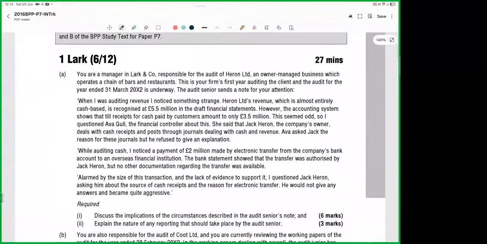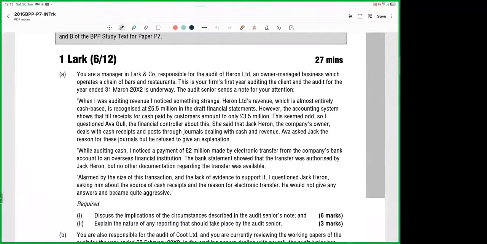Remember always, in advanced audit and assurance questions, especially the ACCA paper, you'll be given what we call exhibits, which will be like case studies. Start by reading the requirement.